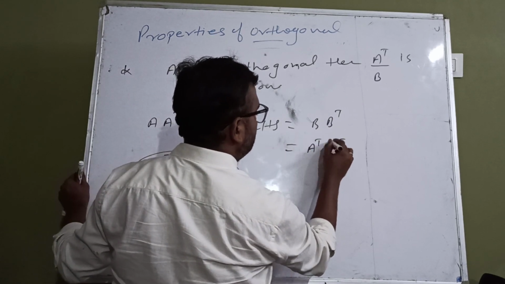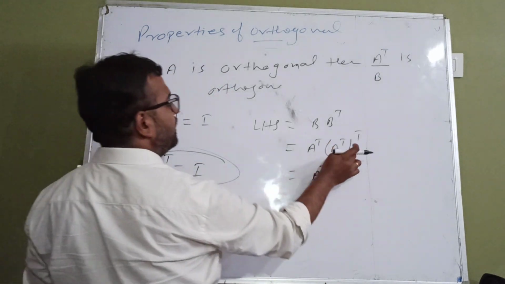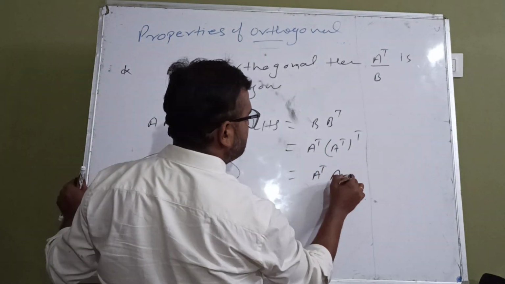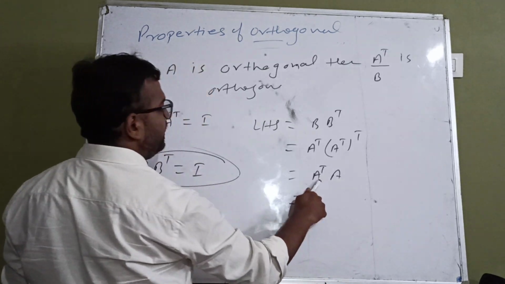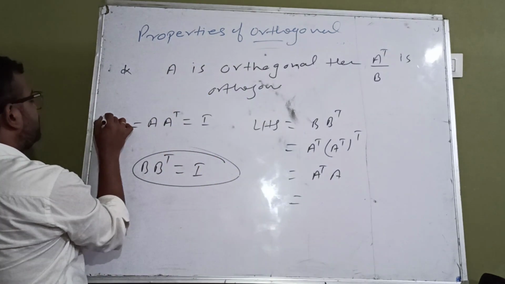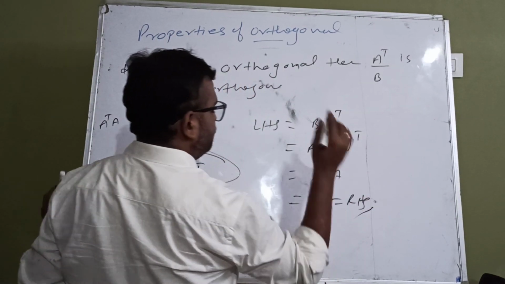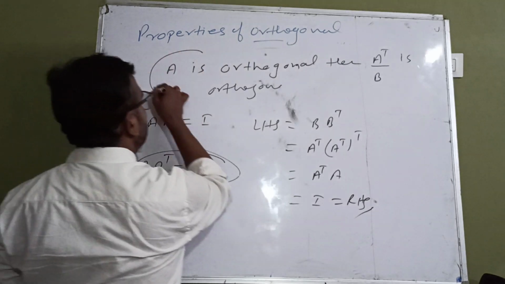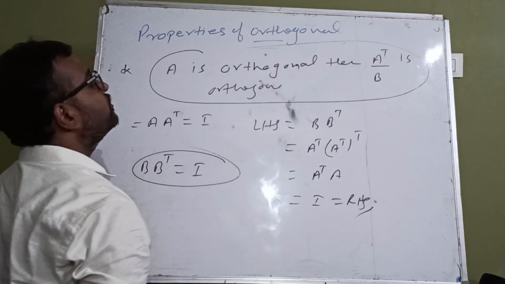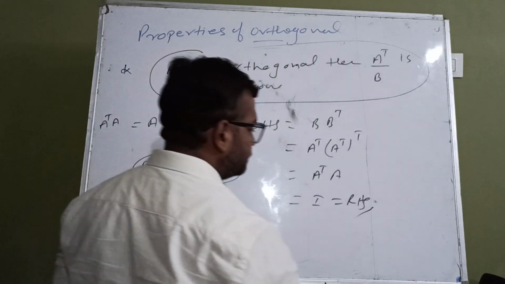Now A transpose, the whole transpose. We have discussed the properties of transpose: the transpose of A transpose is equal to A. And we have discussed A transpose into A for the orthogonal. It can also be written A transpose into A, and thus it is equal to I. So this is the proof here. So what result can we state? If A is an orthogonal matrix, then A transpose is also orthogonal.